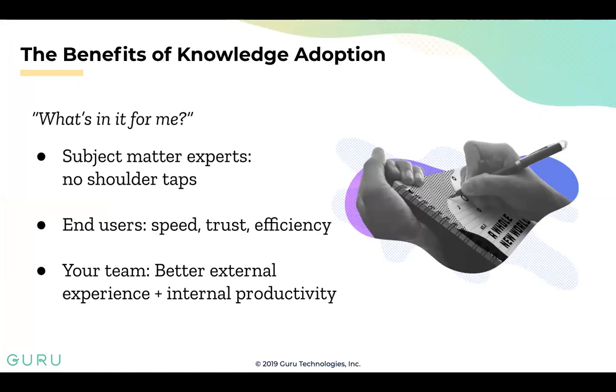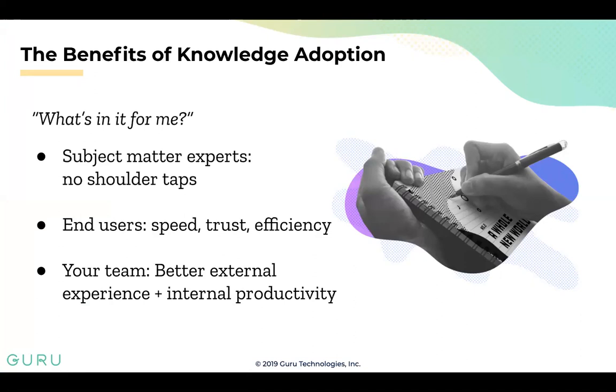We know that change can be hard for your team, and if you're the one trying to make that change, you want to be ready to help convince your team to adopt this new knowledge base. It's important to think about the benefits from each perspective so that you can show them how it's going to help make their lives easier.